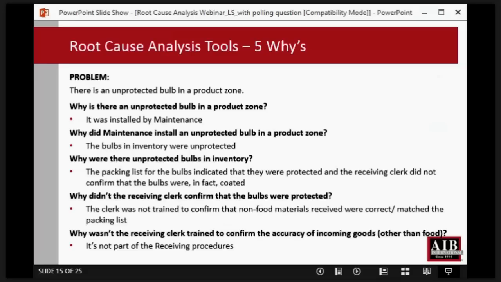The answer here was the clerk was not trained to confirm that non-food materials received were correct or matched the packing list. So the final why is, why wasn't the receiving clerk trained to confirm the accuracy of the incoming goods? It wasn't in their procedure. So if you were to apply the corrective action, you would go back, revise the procedure, and do the necessary training so that problem would not occur again in the future.